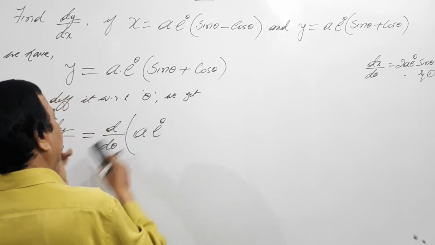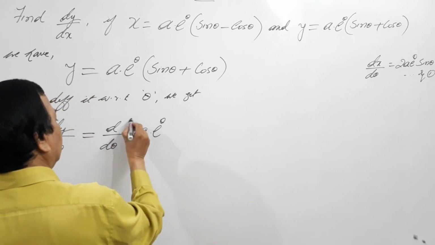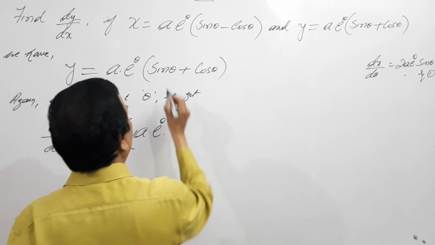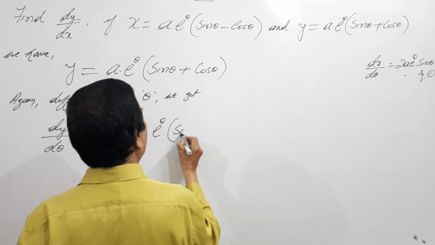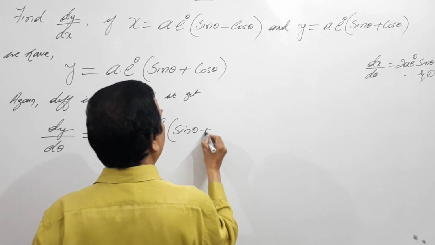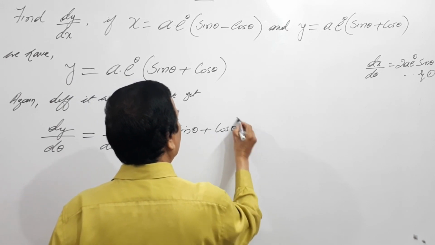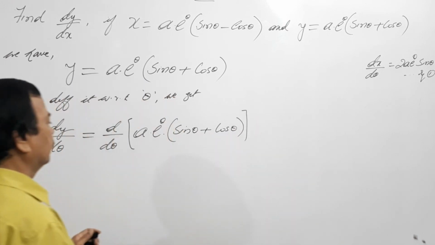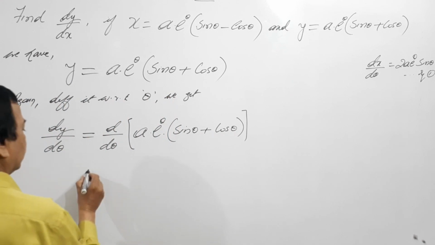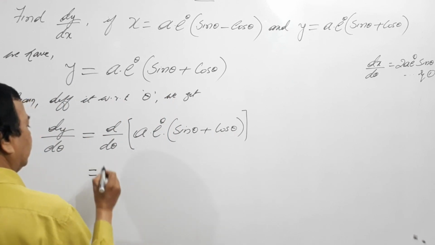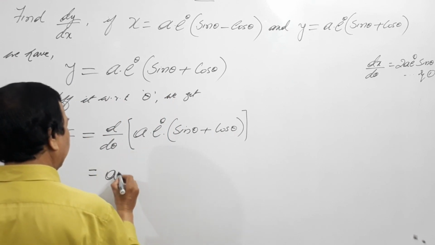I will use a square bracket here of sin theta plus cos theta. So use product rule here. I take a outside.